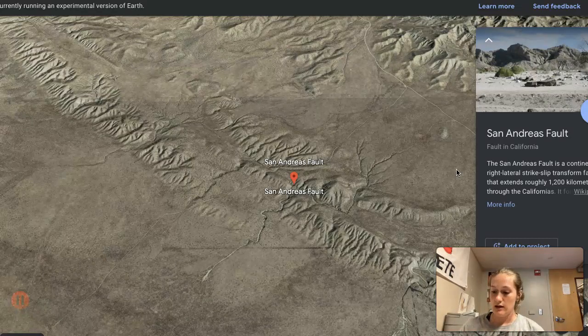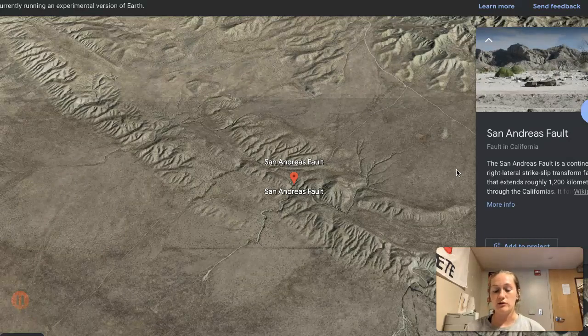past one another. So the San Andreas Fault is actually so large that scientists break it up or classify it into three main segments. The three segments are the northern segment, central, and southern segments. And they do this because each of the three different segments have different characteristics, and they all also have different degrees of earthquake risk.